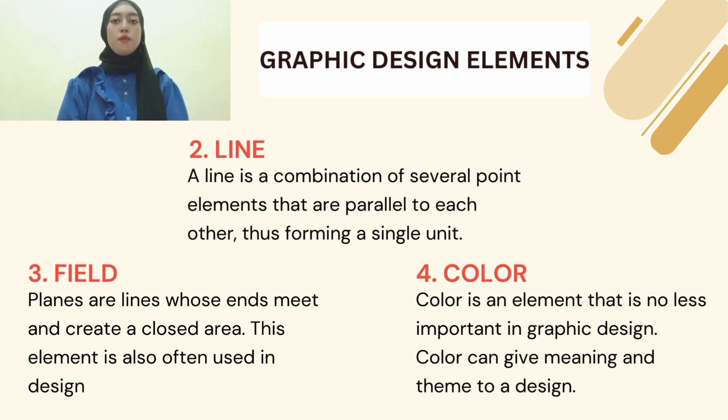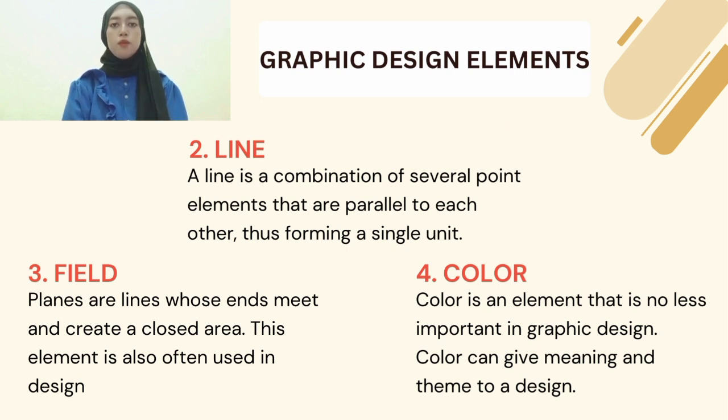I will be explaining about line, field, and color. A line is a combination of several point elements that are parallel to each other, thus forming a single unit. Line elements will always be present in every design. It can be long, short, straight, curved, thick, thin, dotted, and so on.